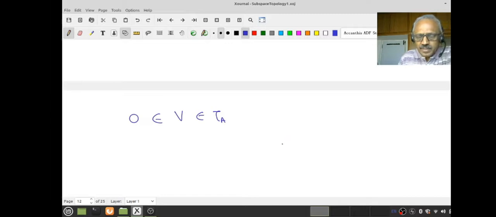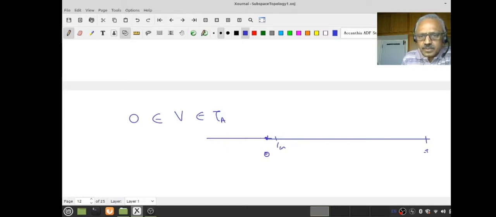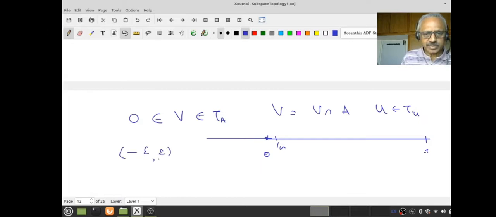Therefore again look at the picture. This is 0, this is 1/n, this is 1, etc. Now V is of the form U intersection A, where U is an open set in R containing 0. What are the typical open sets? They are of the form minus epsilon to plus epsilon.